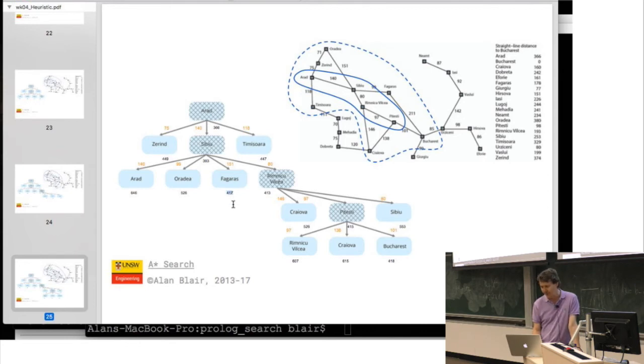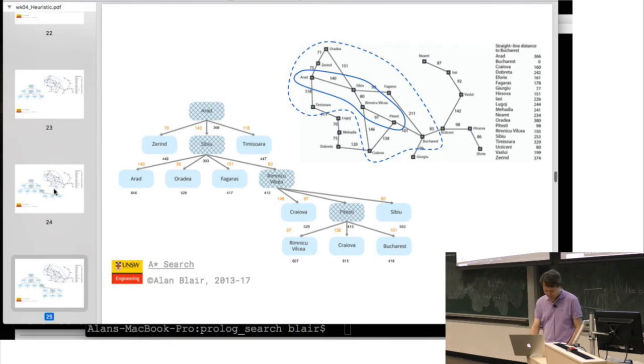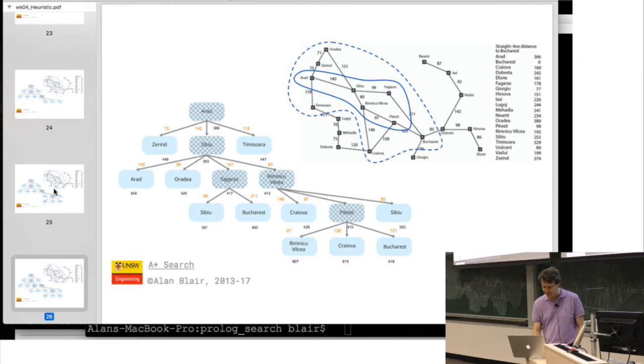But it's possible there might still be a path through Fagaras that's shorter. Our estimate is 417. It is possible that it's shorter. So we expand Fagaras, and then we find out that this path is actually longer. And in fact, all of these numbers are bigger than 418. So this is the point at which we can stop, and we know that this is actually the shortest path to Bucharest.